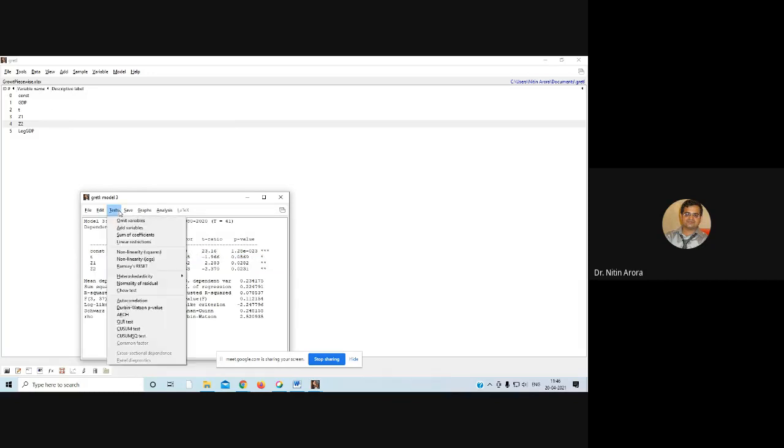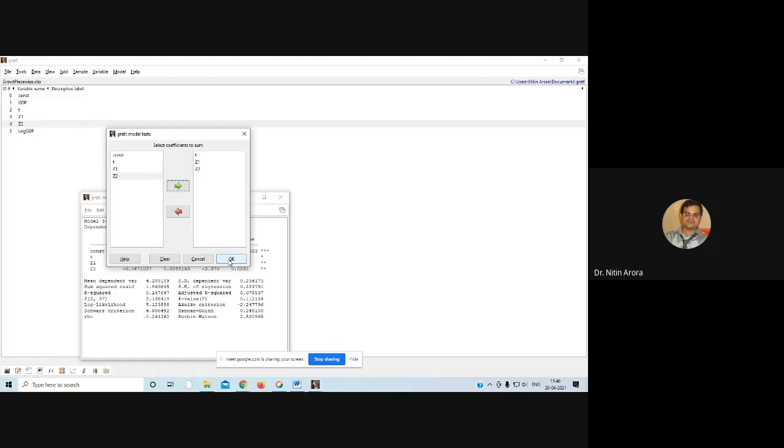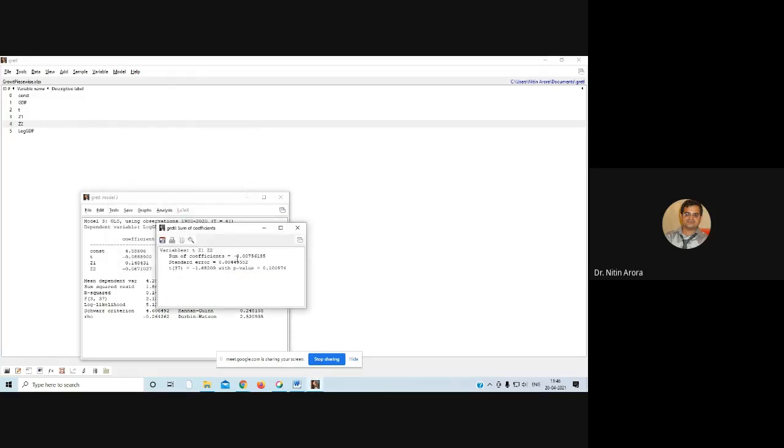You can go to Test, sum of coefficients: T, Z1, Z2. You can obtain the total of all three and test the significance of the sum of the coefficients of these 3 variables. You can see the sum is statistically insignificant, since the p-value is above 0.05. So the sum of the 3 coefficients is statistically insignificant.